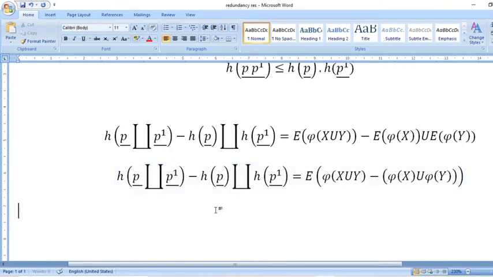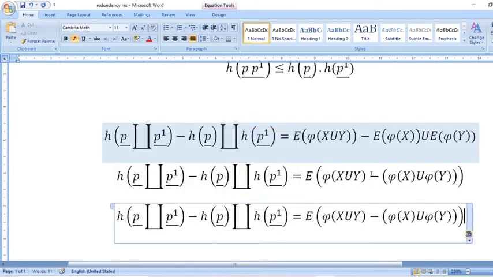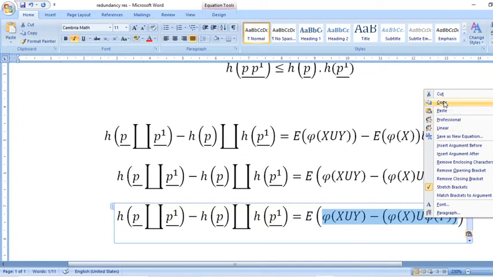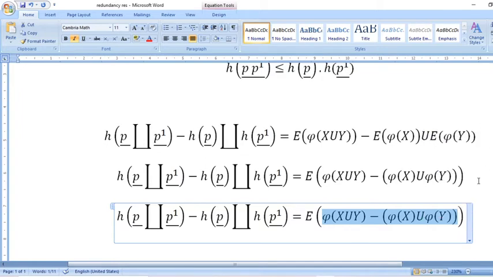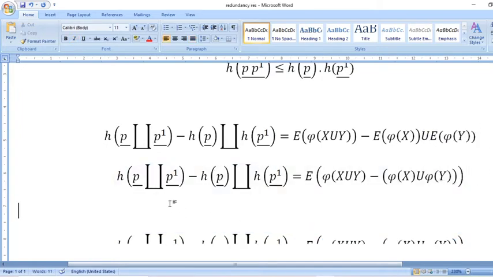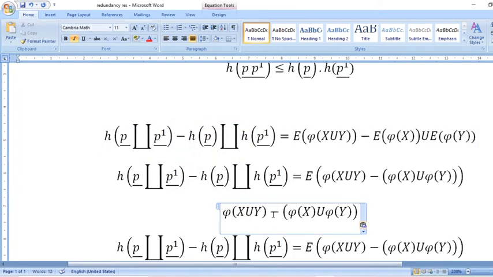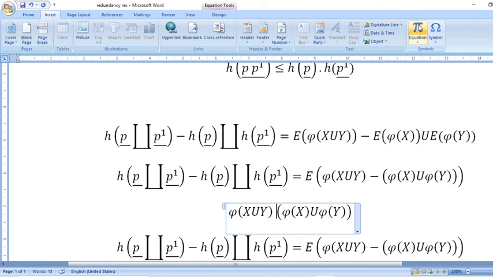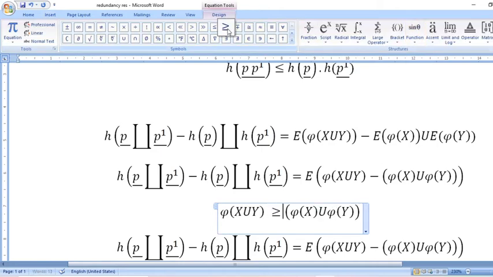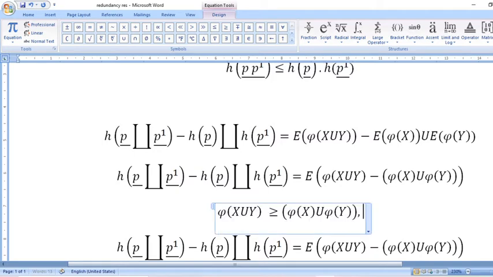But you know from the previous chapter that this difference, for a parallel system, is actually greater than or equal to phi of x union phi of y for parallel system.